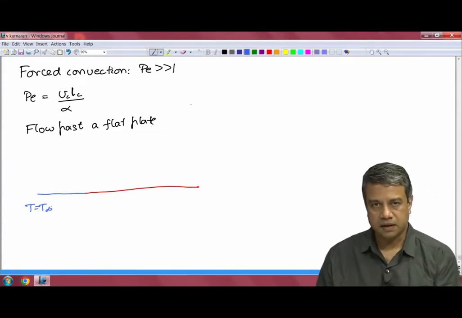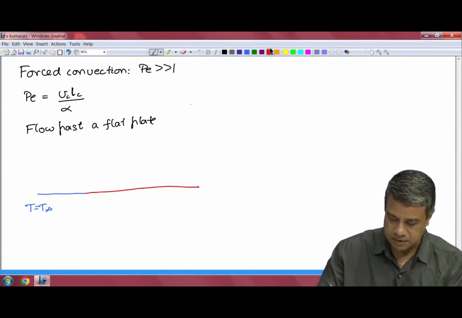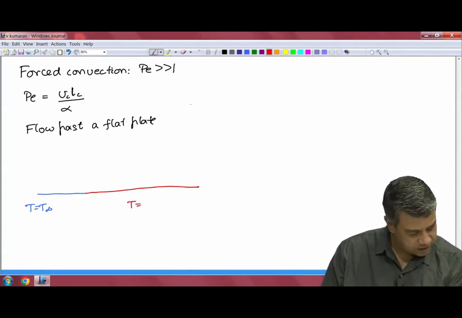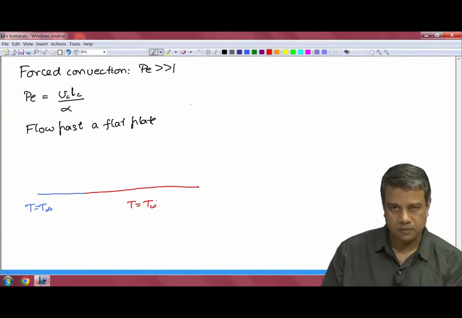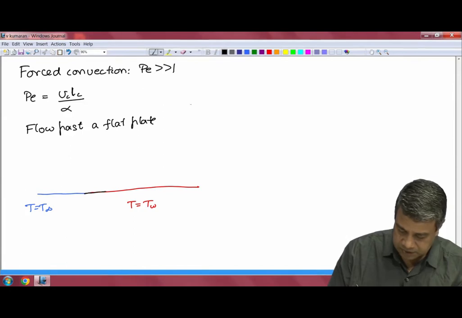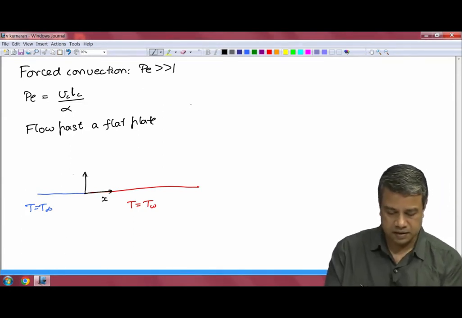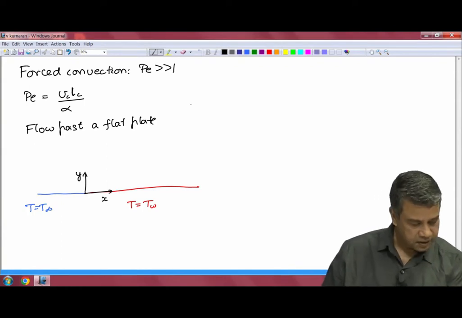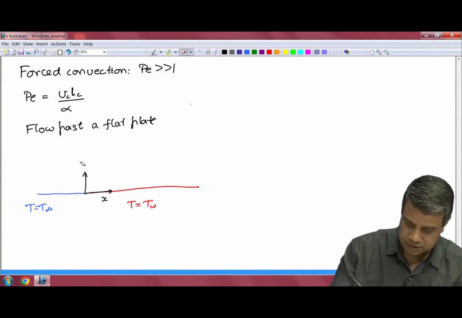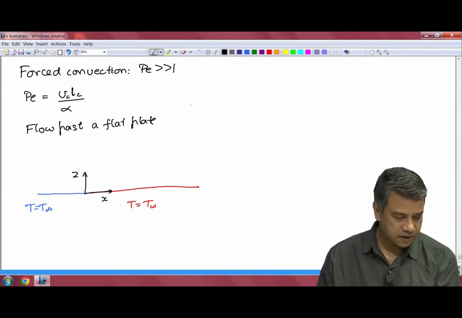Initially, for some distance the plate has temperature T infinity, and then T is equal to Tw, the wall temperature, which is higher than T infinity. Put a coordinate system here, at the start of the heating section, x and z. And you have a flow past this flat plate.